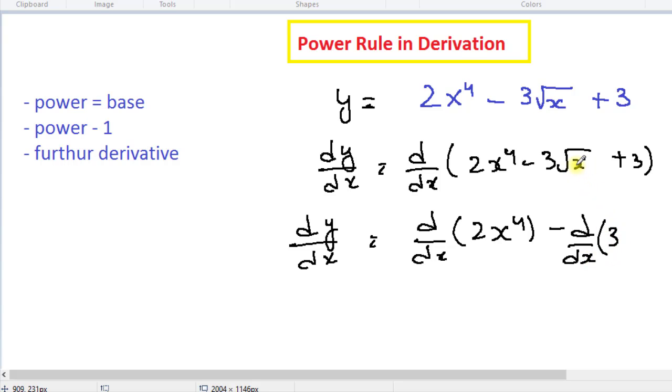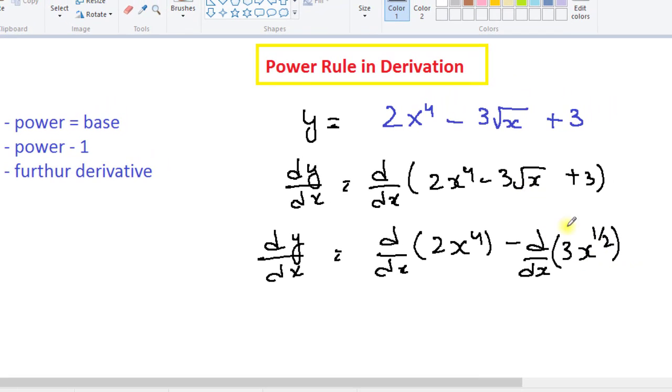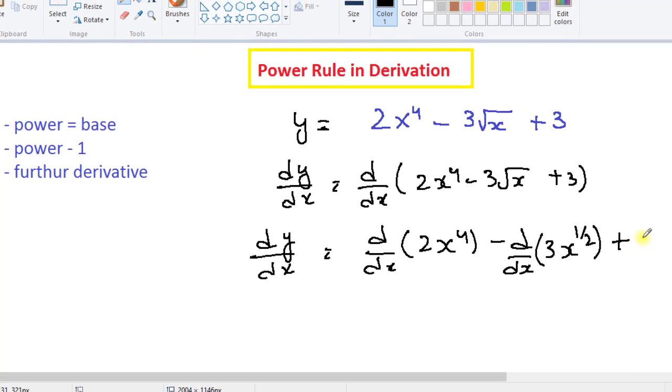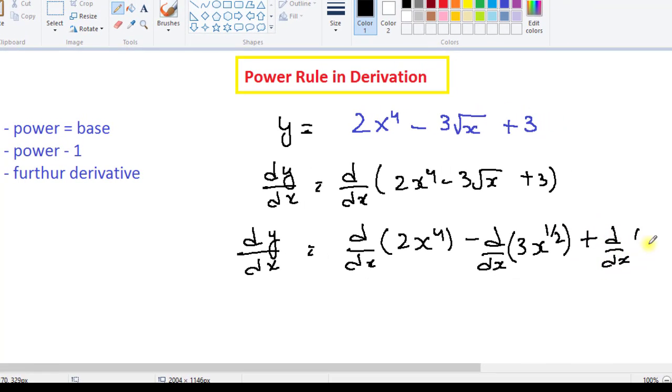And you know the power of under root is 1 by 2, so I can write 1 by 2 instead of under root, and then plus d by dx of 3.